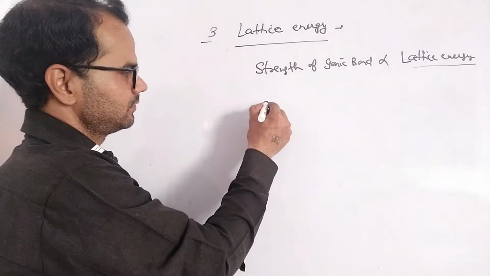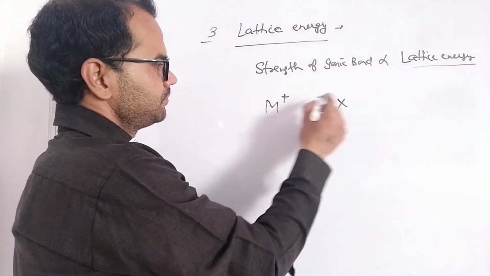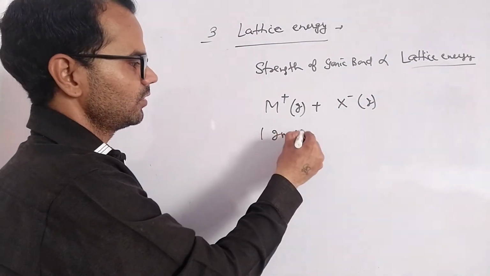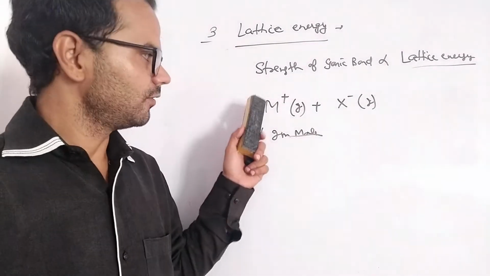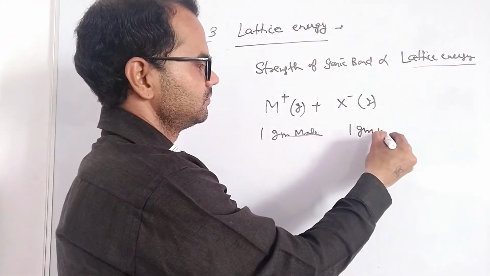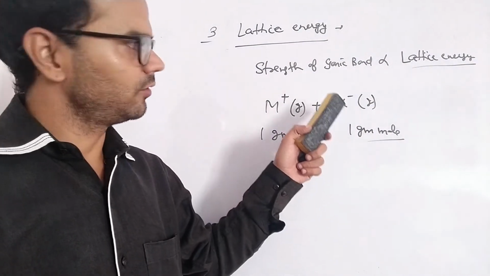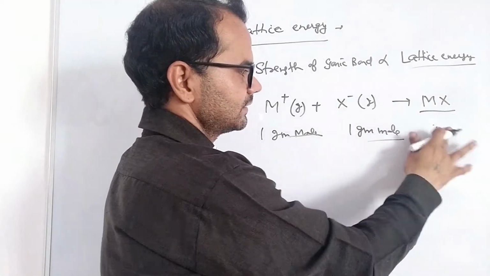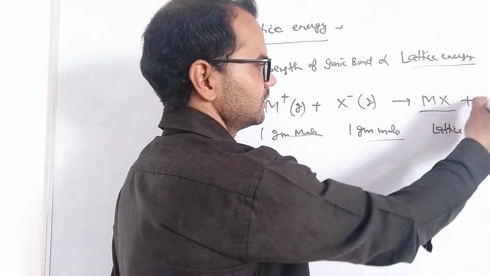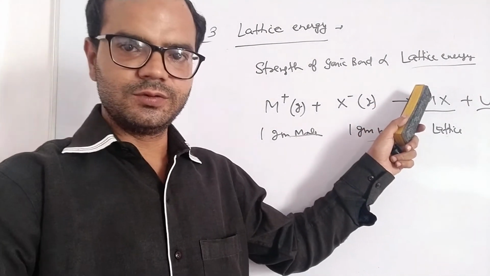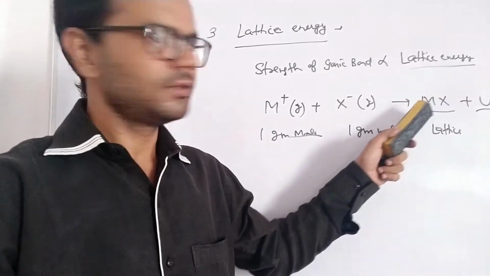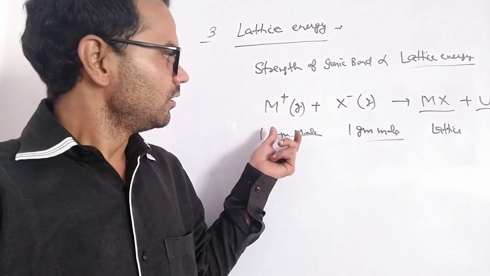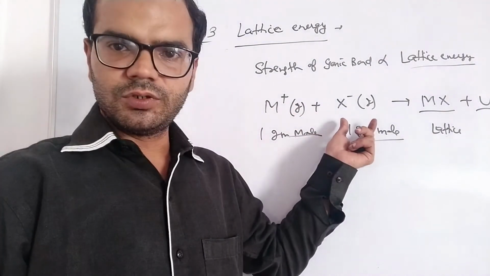For example, again we have one gram mole of cation or metal, and one gram mole of anion or a non-metal or electronegative element. As a result, a lattice is formed plus U. This U is the lattice energy: the energy released during the formation of a lattice from 1 gram mole of cation and 1 gram mole of anion.